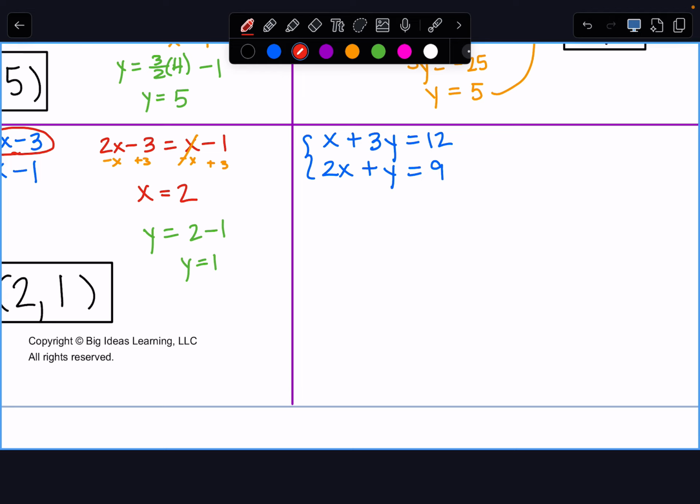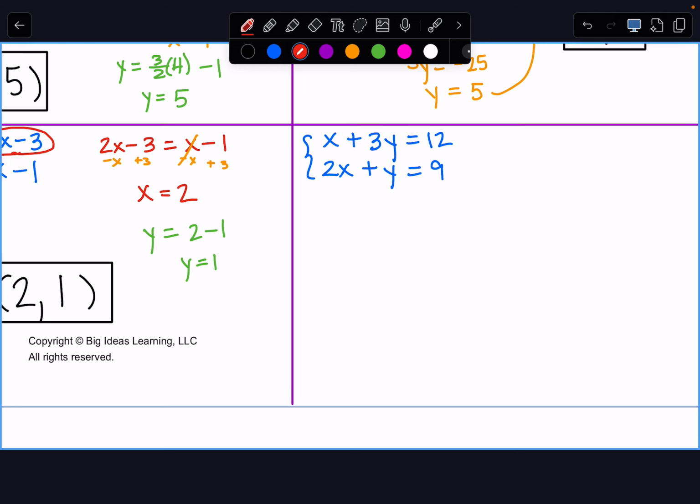What's another nice option that we have? Subtracting 3y in the first equation. Okay, we could solve for x in the first equation and then substitute. Doesn't matter which one you pick. If you wanted to, you could solve for x in the second one.